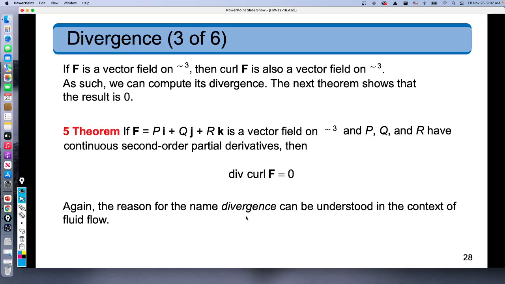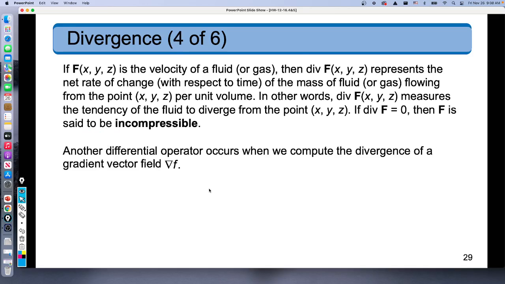And again, the reason divergence is understood as a fluid flow, how things diverge. But we can use this: if we take the divergence of the curl of f, remember, that's a dot product of a cross product, because curl of f is a cross product and the div is a dot product, then it would be equal to 0.